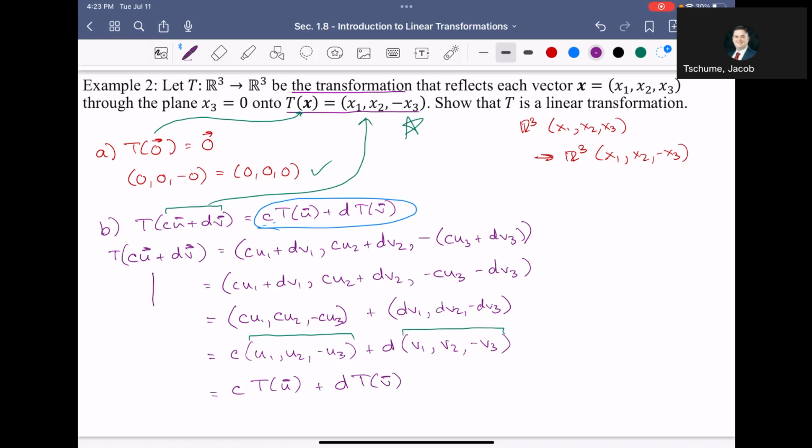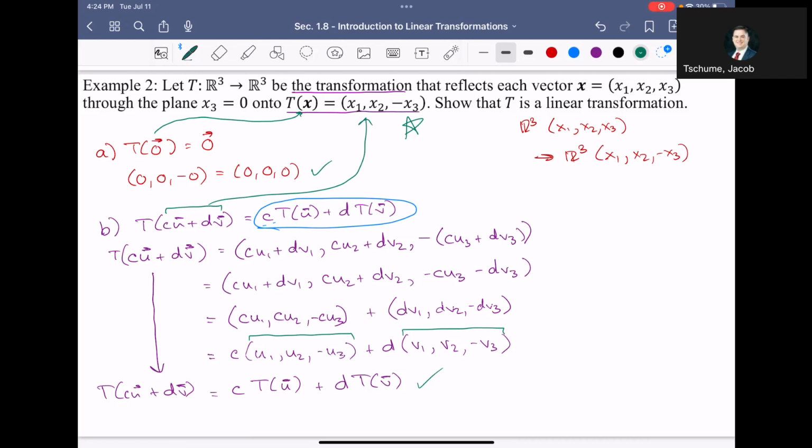And so now if I bring down what I started with, T of cu plus dv, this is the second criterion that you're trying to meet, and thus you have just shown me that parts A and B hold. So as far as the question goes, you're done, because all I'm asking you to do is show me that T is a linear transformation, which means you have to show me that parts A and B hold, and they held in this situation.